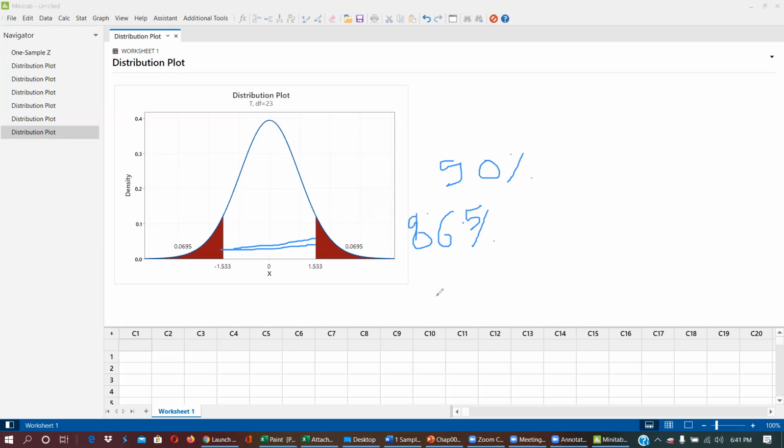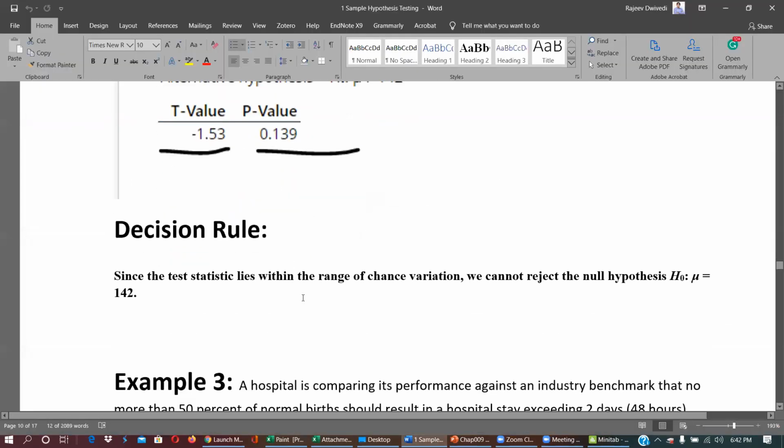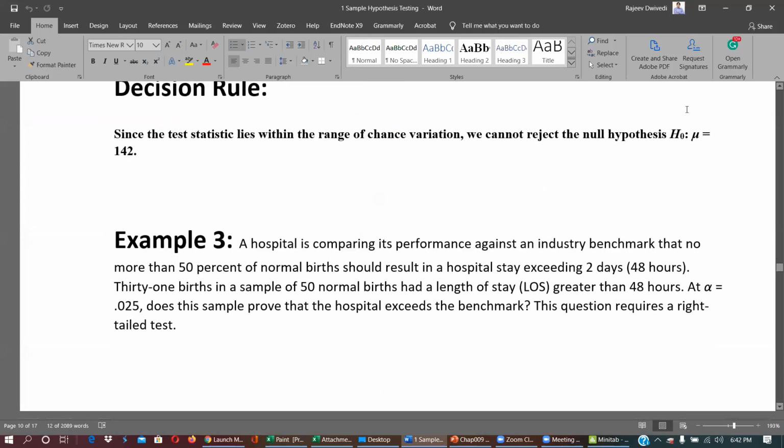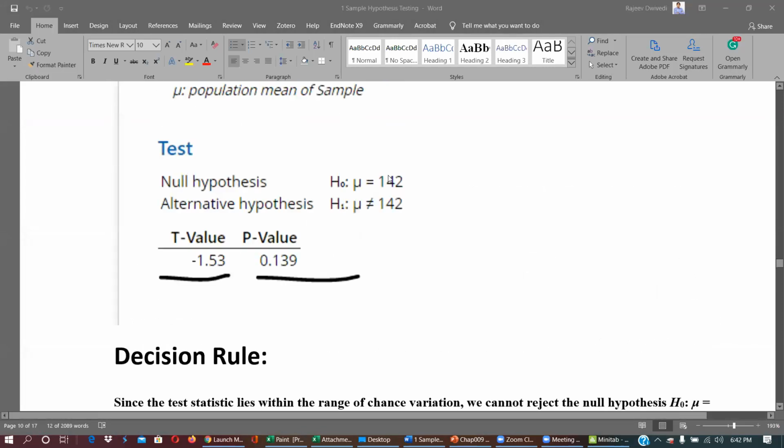Is it clear why we use the p-value and the critical value? Using both ways, you can accept or reject the null hypothesis. If you reject the null hypothesis, then automatically you accept the alternative hypothesis. Since the test statistic lies within the range of chance variation, we cannot reject the null hypothesis, which is 142.